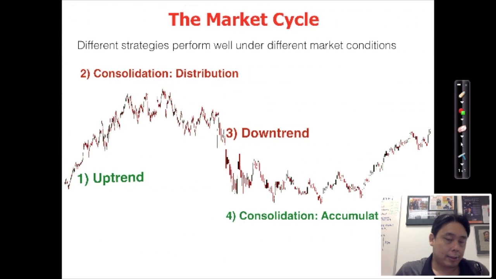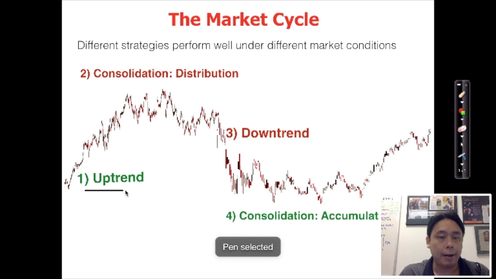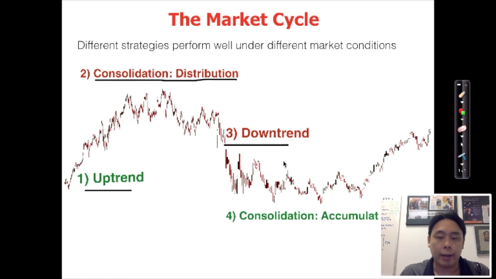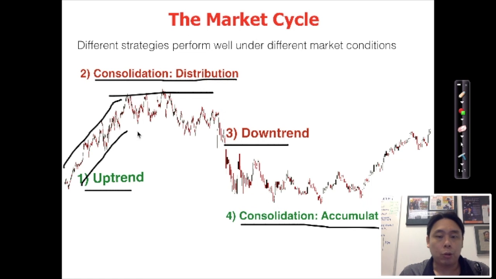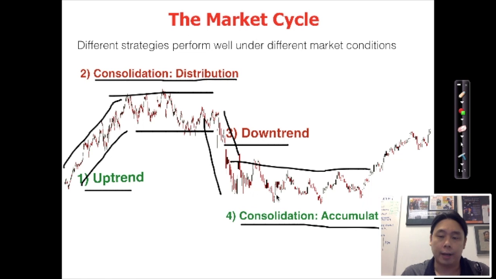So to summarize, again, you find that the market goes through these 4 cycles, right? The uptrend, the consolidation distribution, the downtrend, and the consolidation accumulation phase. So why is this important to understand? Because whatever strategy you use will not perform all the time.